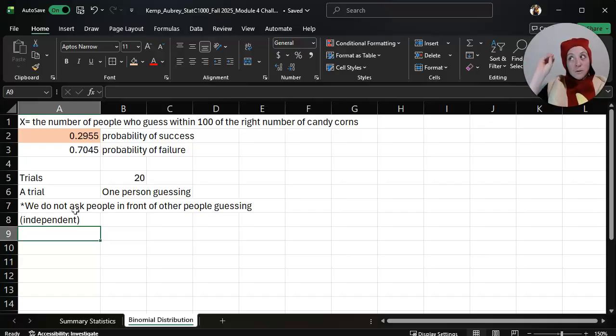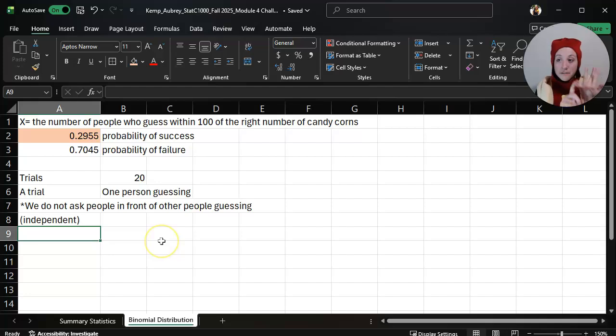If you saw what others were guessing, chances are it would influence what you guess. In that case, the trials wouldn't be independent, because the probability of what you're guessing changes depending on what you've seen. It would be a dependent situation. So here we're assuming I'm asking people who can't hear what other guesses are. This is a completely individual guess, with no influence from other people.